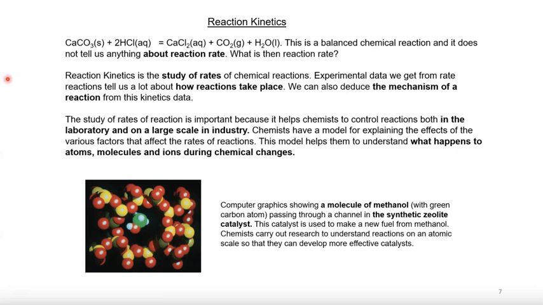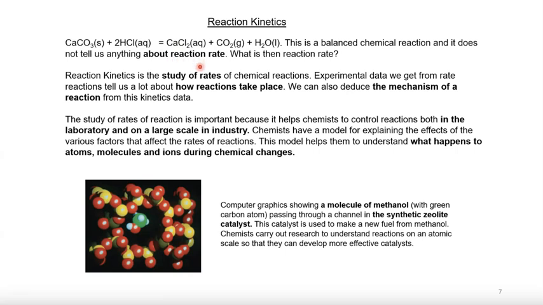This is a chemical equation: we take solid calcium carbonate and aqueous hydrochloric acid, and we get calcium chloride, carbon dioxide, and water. This balanced chemical reaction doesn't tell us anything about reaction rate.